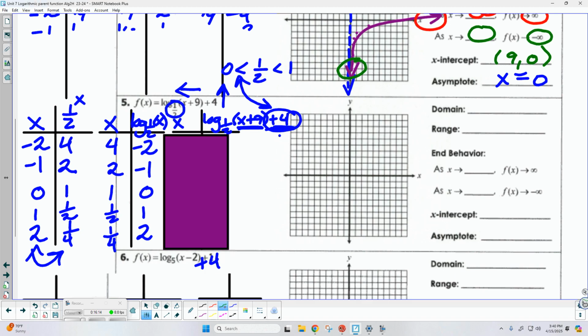It should be at -9. So negative 1, 2, 3, 4, 5, 6, 7, 8, 9. Okay. So my vertical asymptote should be at -9.